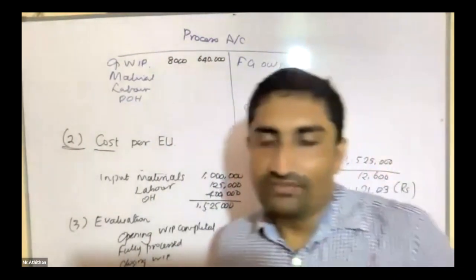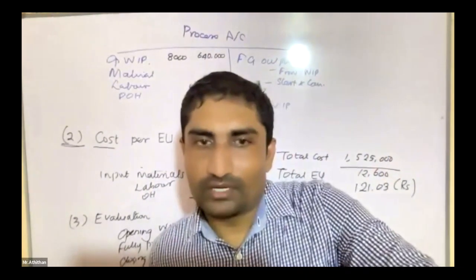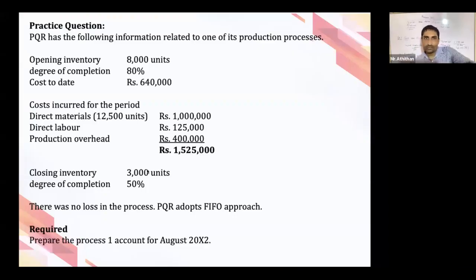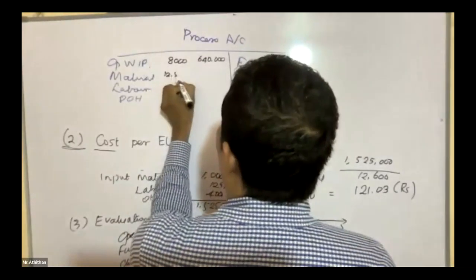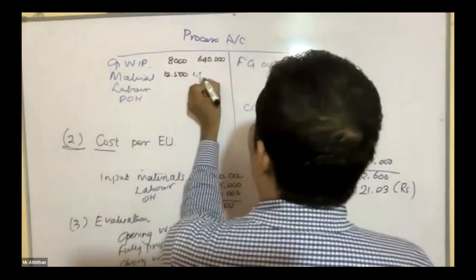If that is okay, second part. Direct materials, 12,500 units for 1 million.